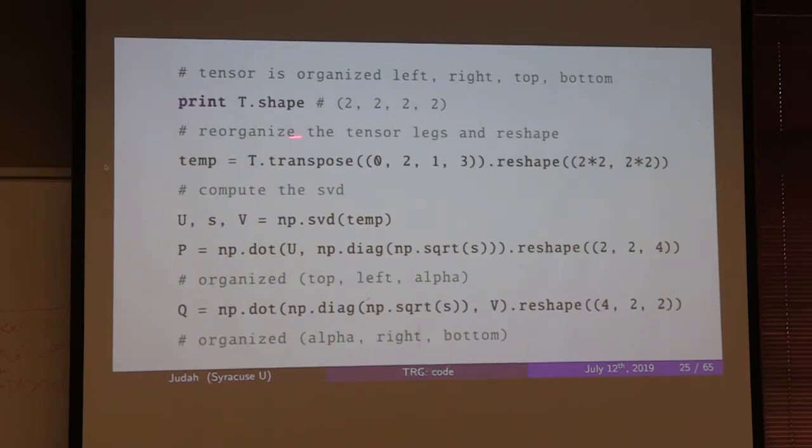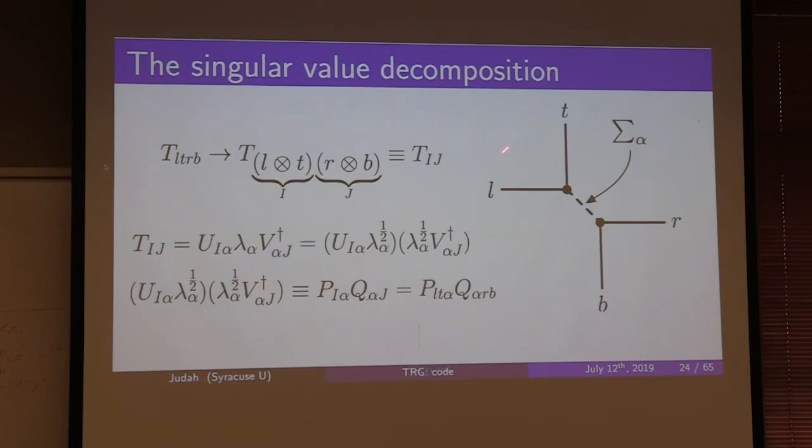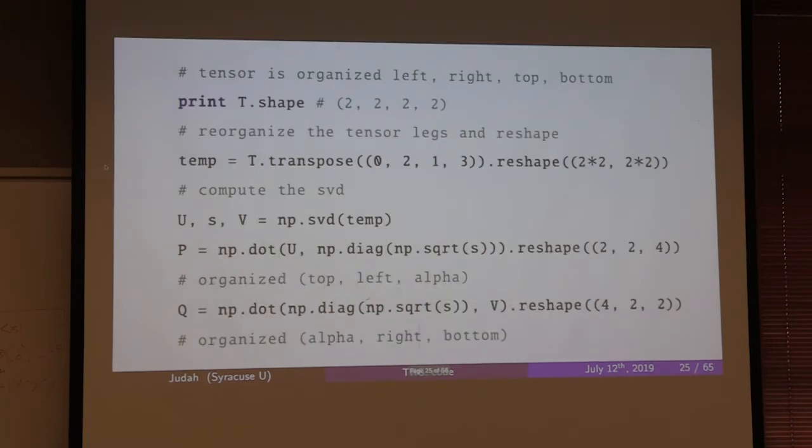Okay. So I'm going to do the whole thing with transpose and reshape, so you can get it hammered into your minds here. Let's pretend the tensor is organized left, right, top, bottom. I need to get top and left together and right and bottom together. So I've got left, right, top, bottom, and I need these 2 together and these 2 together.